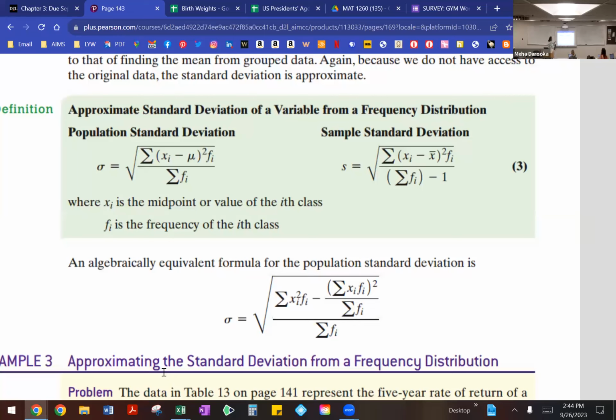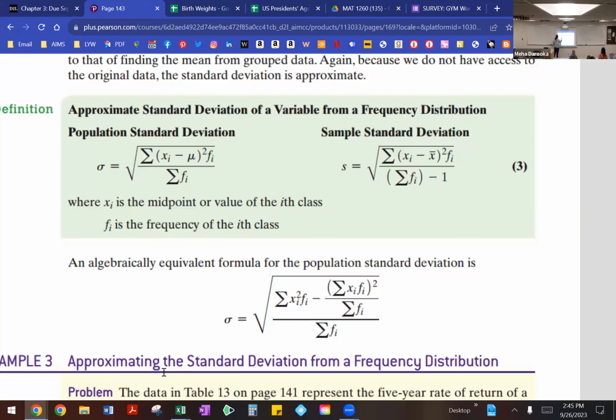All right, guys, look at the difference between the population and the sample standard deviation formulas over here. Same thing, we are subtracting 1 in the denominator when you're calculating the sample as compared to the population. In this case, we are taking again the class midpoints that we calculated, but now you're subtracting the mean from each of your class midpoints.